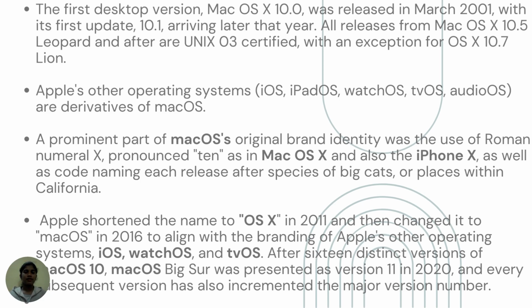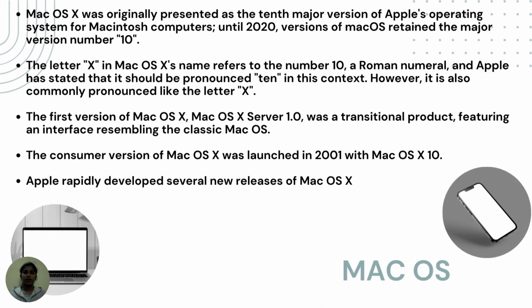Apple shortened its name to OS X in 2011 and then changed it to Mac OS in 2016 to align with the branding of Apple's other operating systems, that is iOS, watchOS, and tvOS. After 16 distinct versions of Mac OS 10, Mac OS Big Sur was presented as version 11 in 2020, and every subsequent version has also incremented the major version number.